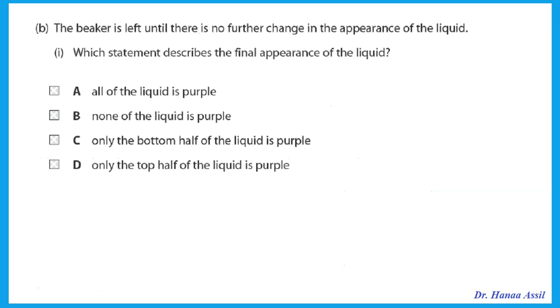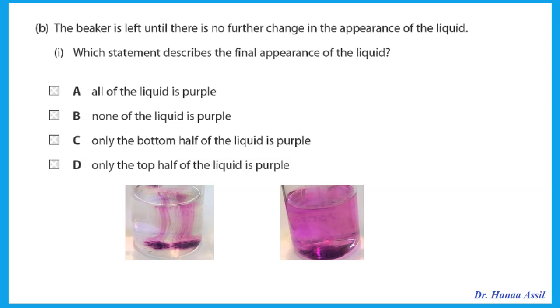Then the beaker is left until there is no further change in the appearance of the liquid. Which statement describes the final appearance of the liquid? If we start with this, it will continue to dissolve and spread until all the liquid is purple.